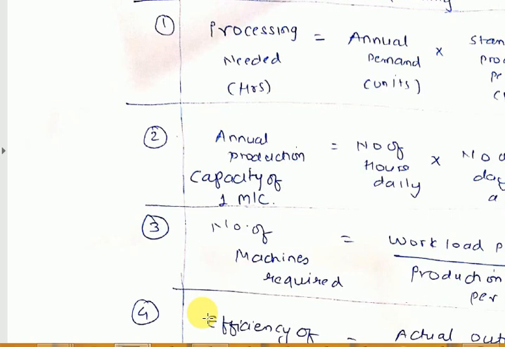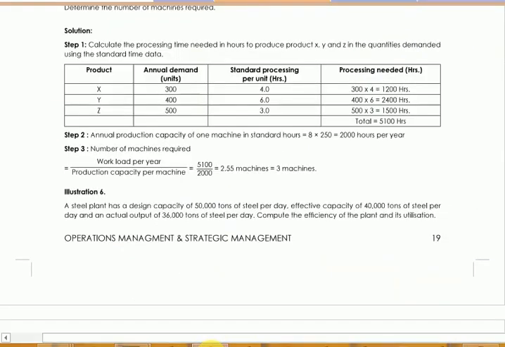We take it in the numerator, and the annual production capacity of one machine, found using the second formula, in the denominator to find the number of machines required, which comes to 3 machines. The workload per year is 5100 hours, and the production capacity of each machine, 8 hours daily times 250 days in a year, is 2000 hours per year.